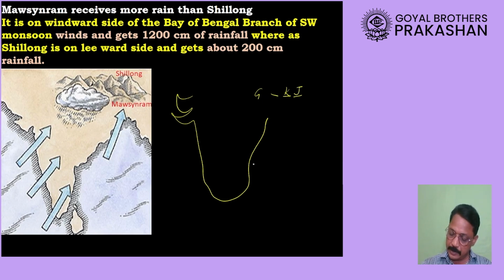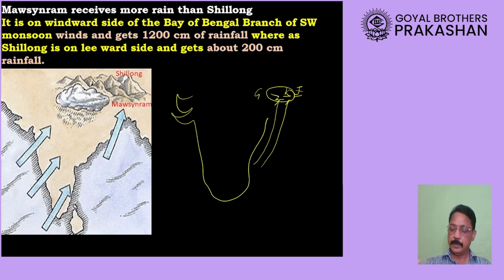When this Bay of Bengal branch reaches this Garo and Khasi region, these winds will be blocked here by these Garo and Khasi hills. So the windward side will receive extremely heavy rainfall, and the world's highest rainfall receiving place called Mawsynram is located on the windward side of this Bay of Bengal branch of southwest monsoon winds, and there will be extremely torrential rain.